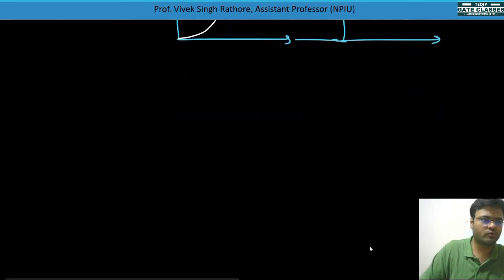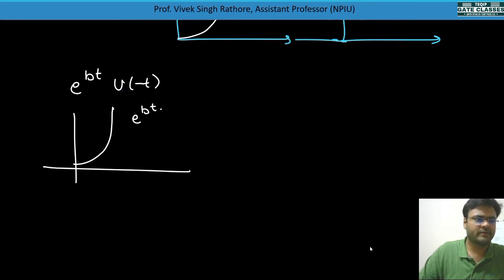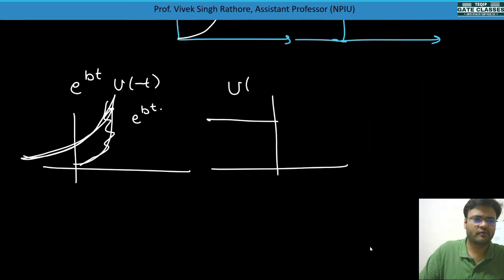If you don't know how to plot e^(bt) u(-t), you just need to multiply two signals. e^(bt) is like this. Let's suppose it is going like this. This value is e^(bt), and u(-t) will be there.